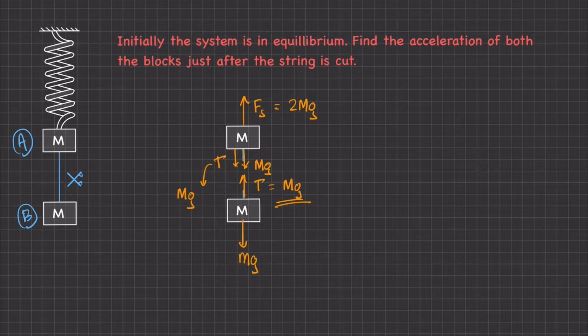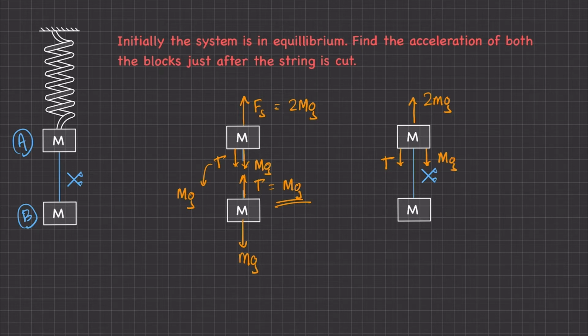So the system, let's draw it again, is like this. On the upper block, upward 2 mg force is there. Downward there is a tension and there is mg. On the lower block, upward tension T is there and downward mg is there.